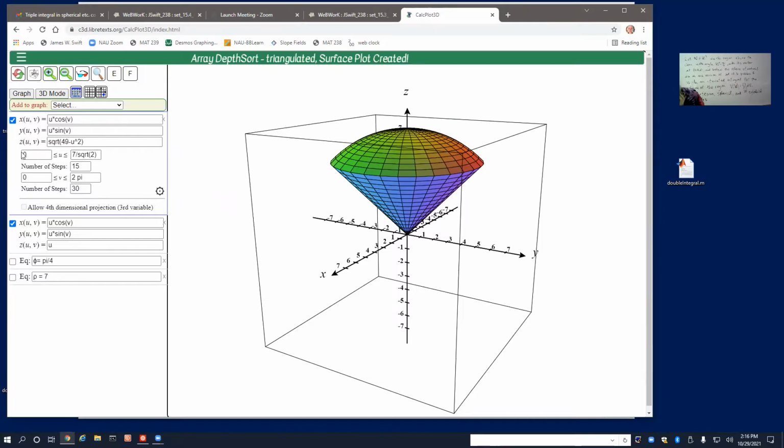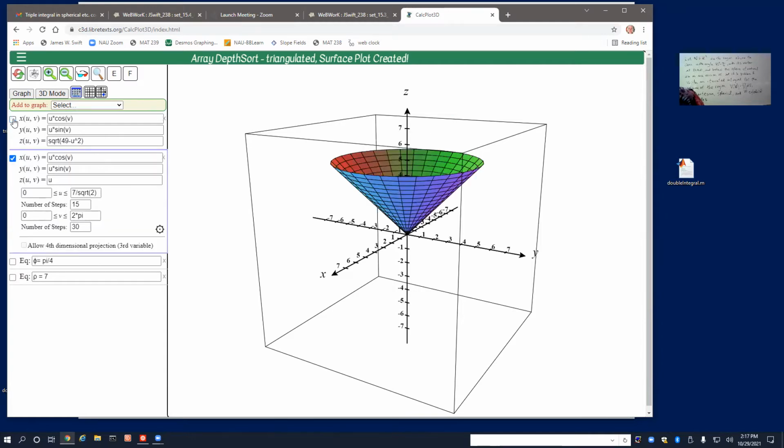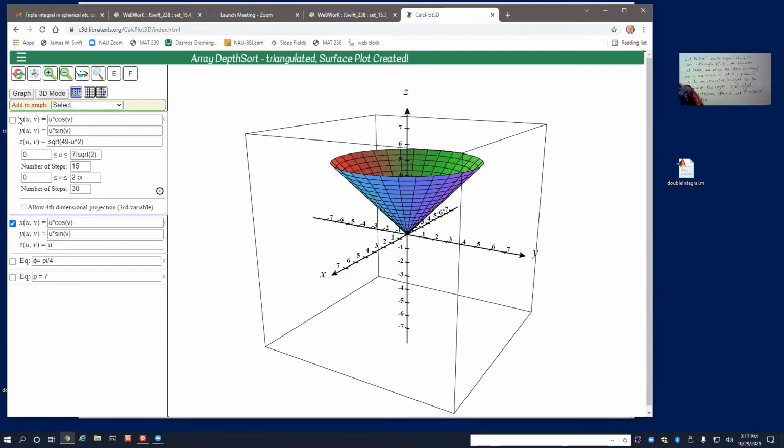So U, or r, goes from 0 to 7 over square root of 2. V, or theta, goes from 0 to 2 pi. And this guy here traces out the top of the sphere, and then this part here traces out that part of the cone. All right, so that's sort of what the region looks like.